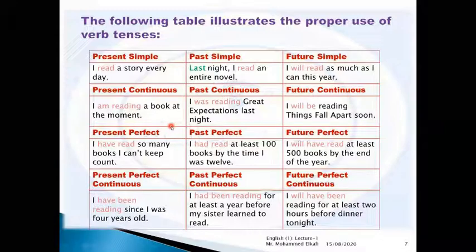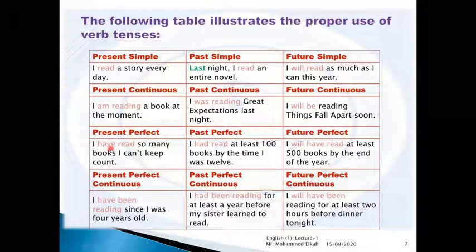It's some action that happened in the past and has some relationship with the current time. So with recently, just, since, for, such types of words, we should use the form of present perfect, which includes has or have plus the past participle of the verb.